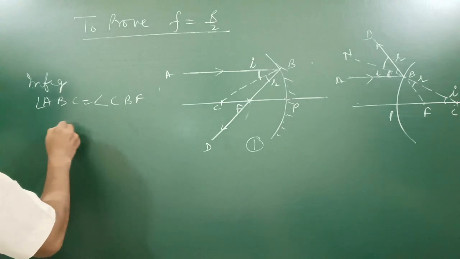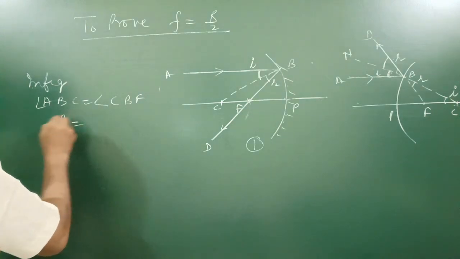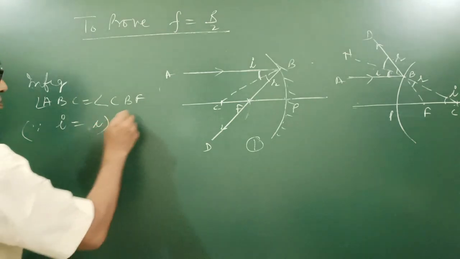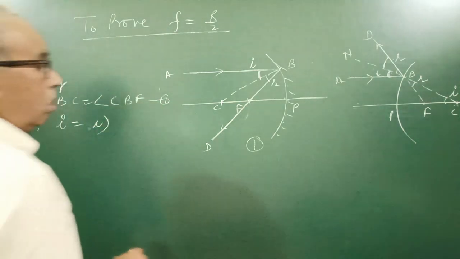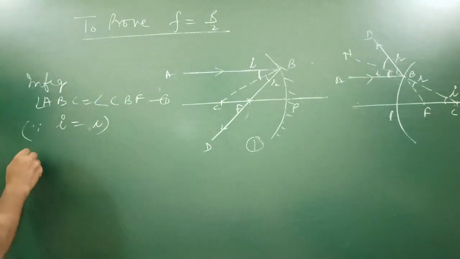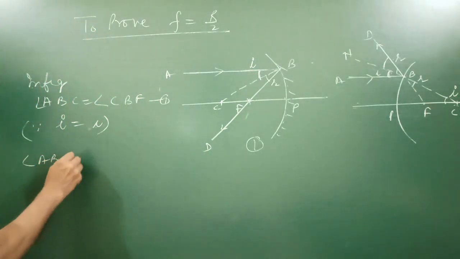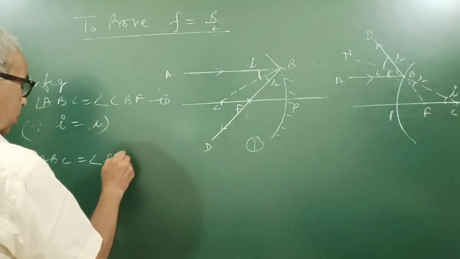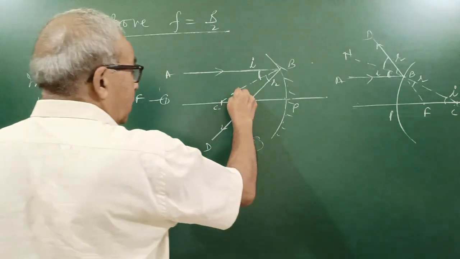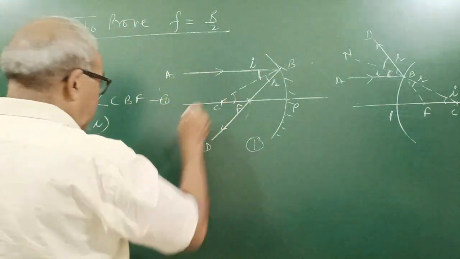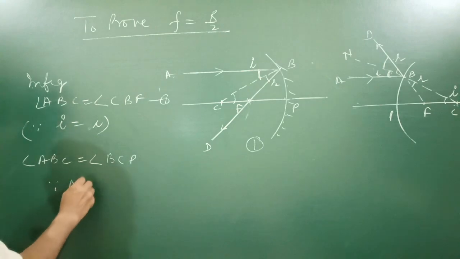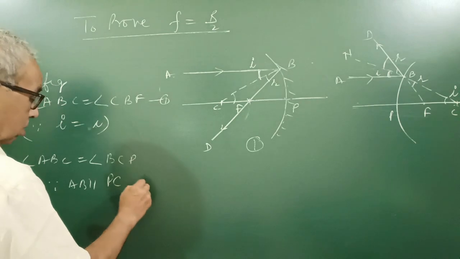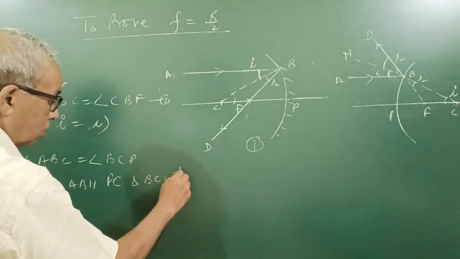So that is because angle I is equal to R; since the angle of incidence is equal to the angle of reflection, angle ABC is equal to angle BCP. Alternate angles are equal, since AB is parallel to PC and BC is the transversal.